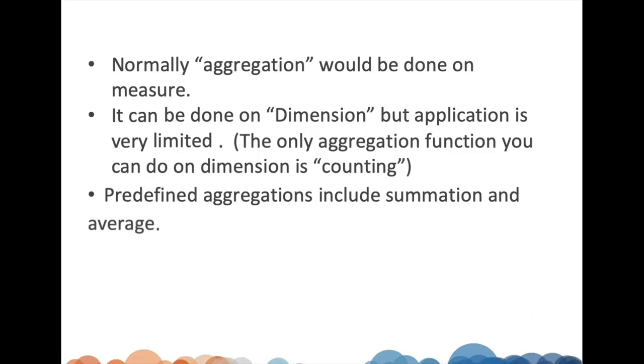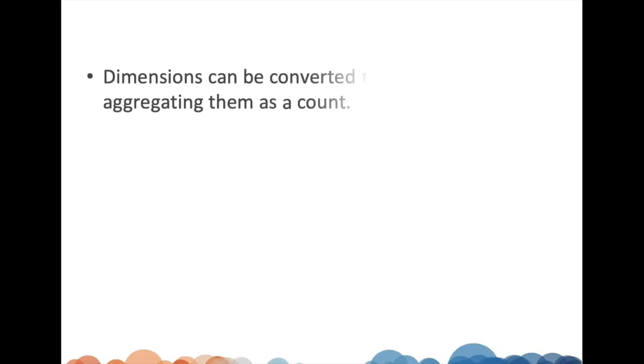Predefined aggregations in Tableau include summation and average. Dimensions can be converted to measures by aggregating them as a count.